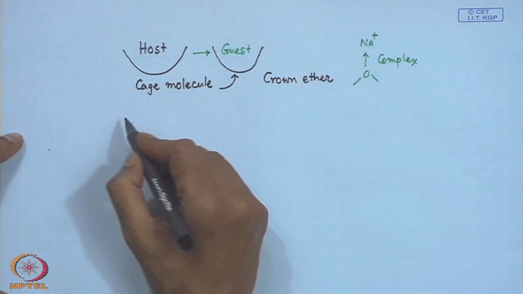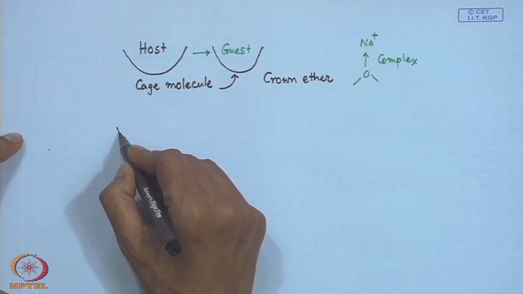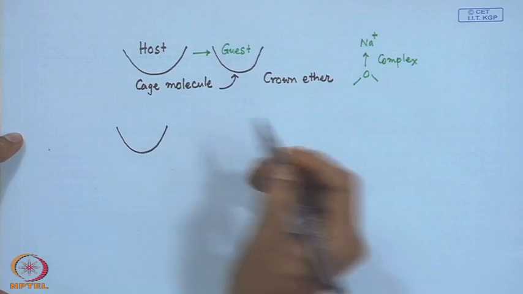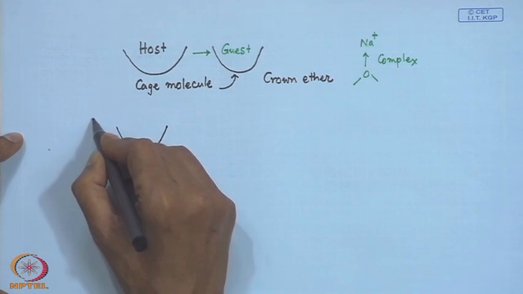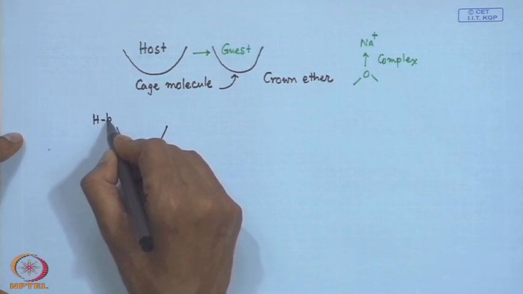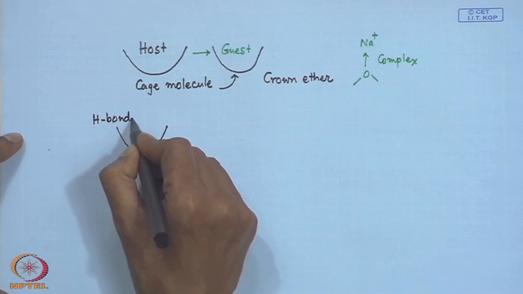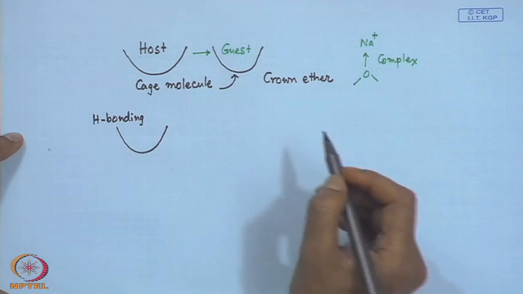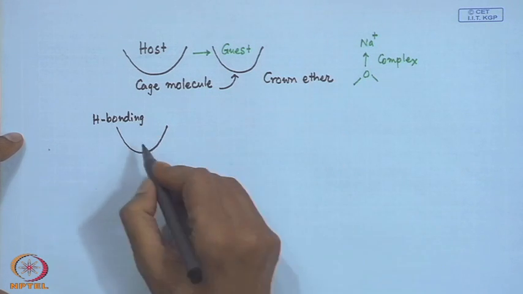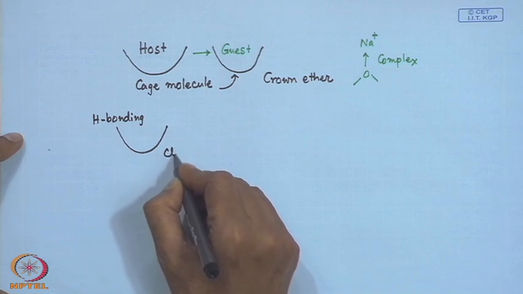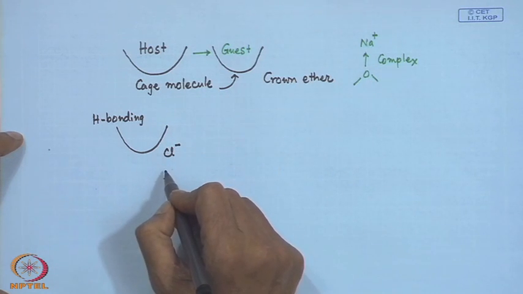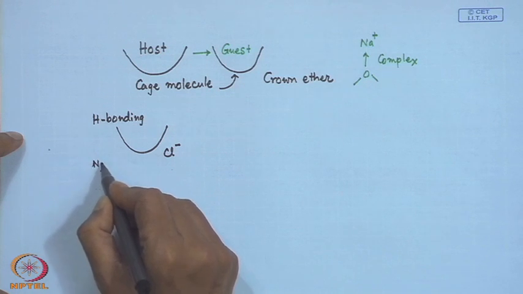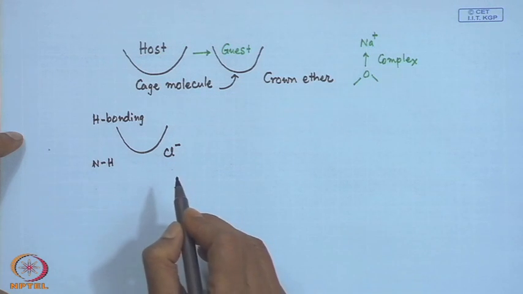Similarly, we can have anion binding. So, there can be some species where we have some hydrogen bonding donors. So, hydrogen bonding can play some important role for some anion, say Cl minus. Hydrogen bonding can use some NH groups.